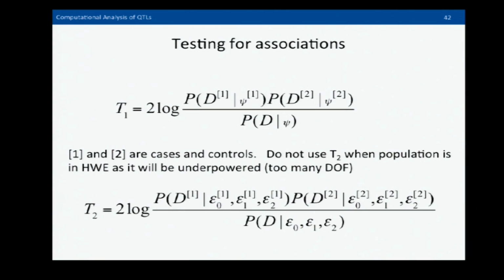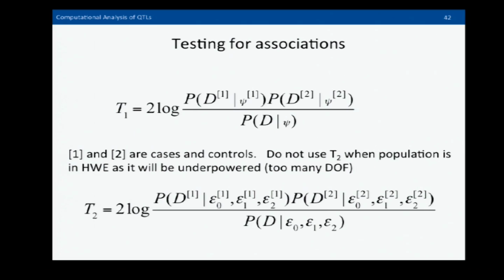The test on the bottom is saying you consider the likelihood of the data in group 1 and group 2 multiplied together over the probability of the data with the groups combined, and you ask whether or not the increased likelihood is worth paying for, given the 2 degrees of freedom that model implies, because you have to have 2 additional degrees of freedom to pay for that in the bottom.